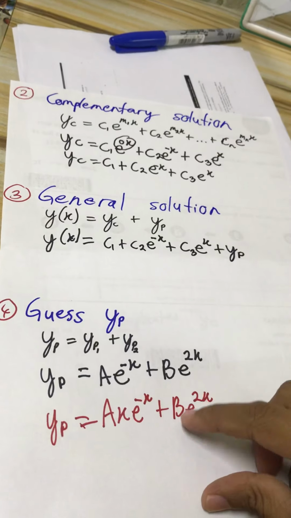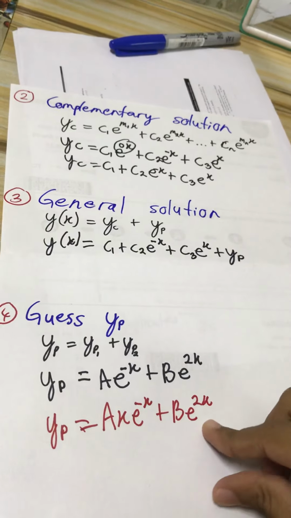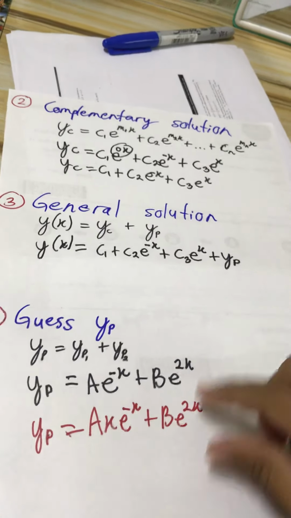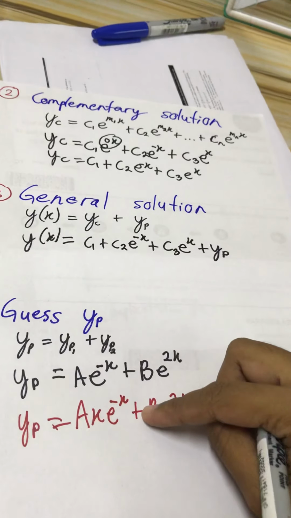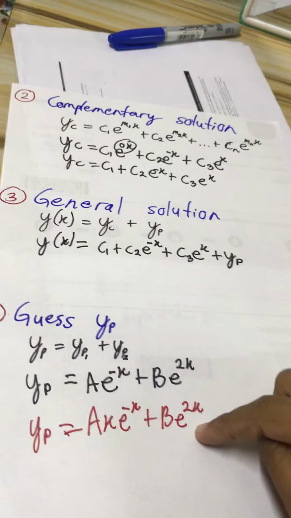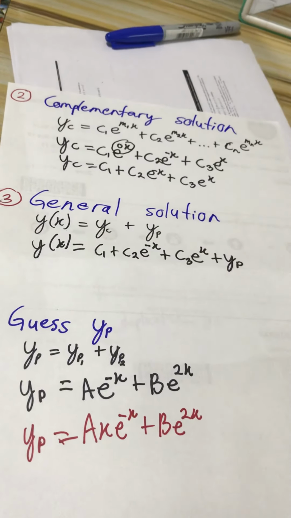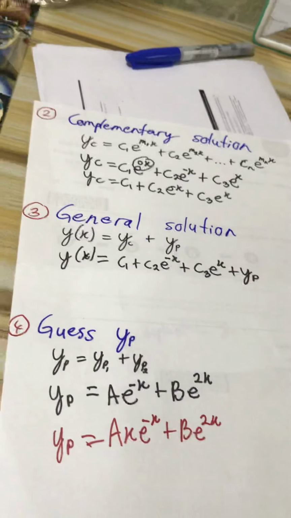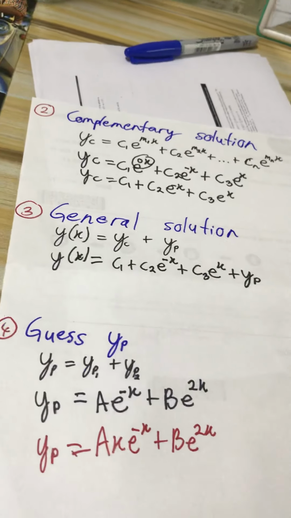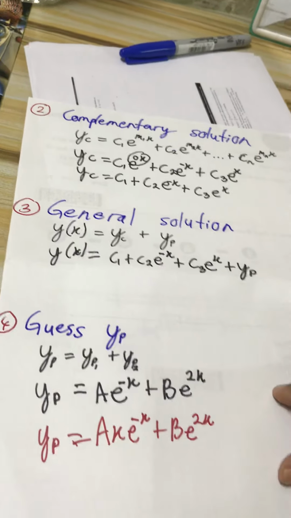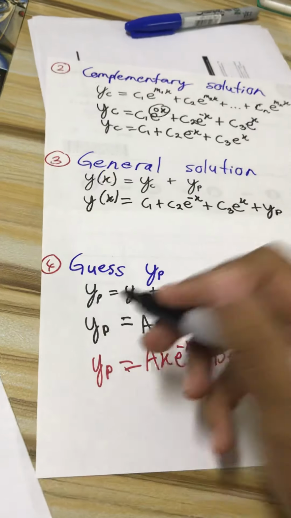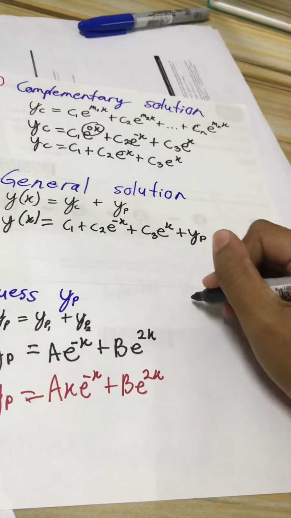So we see whether the second yp overlaps with the yc or not. So we check, there is no overlapping. So then we can proceed to the next step, where we differentiate the yp to the first, second and third order derivative.